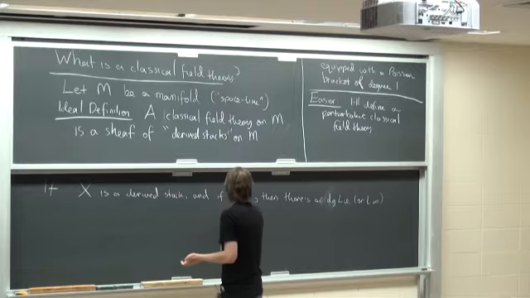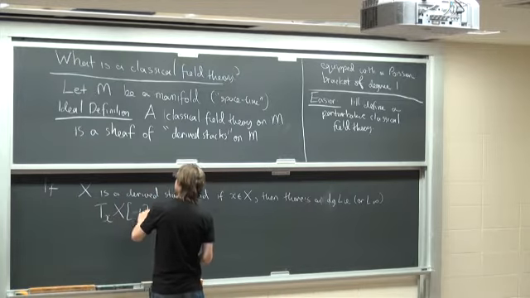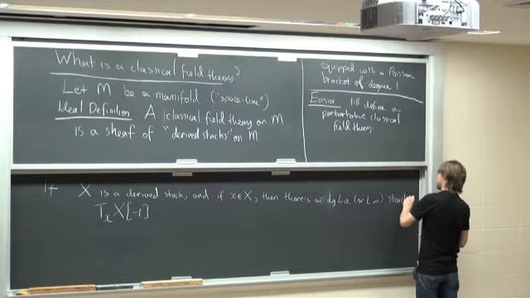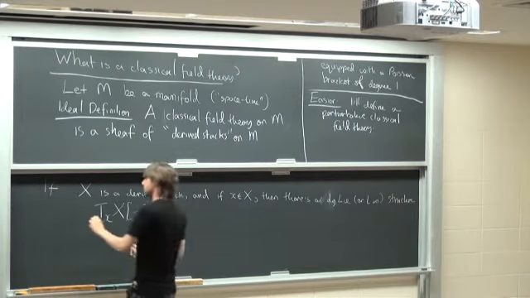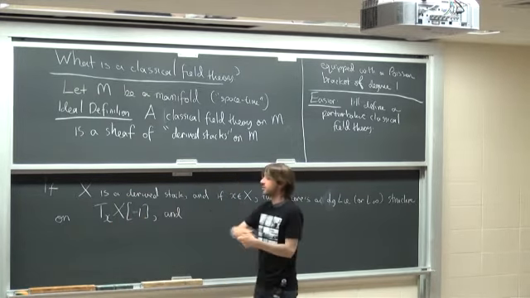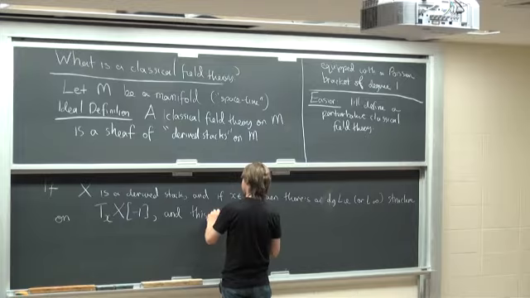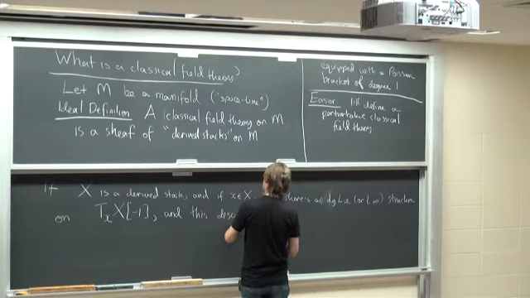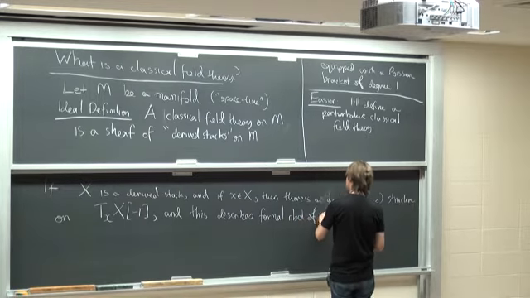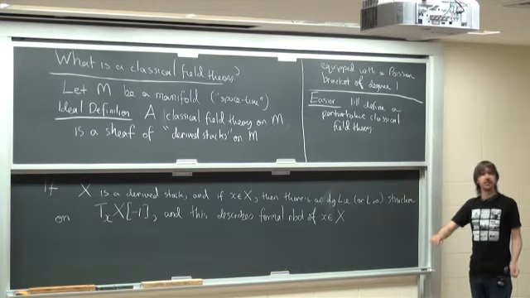So if we have a derived stack, then I can take the tangent space at a point with a shift of -1. So there's this DG Lie structure on it, and this Lie algebra structure knows everything about the formal neighborhood of X. I think Joey's going to talk about this this week, right?